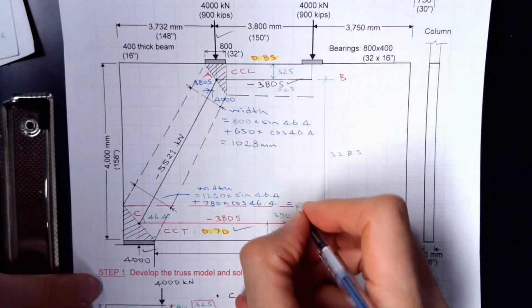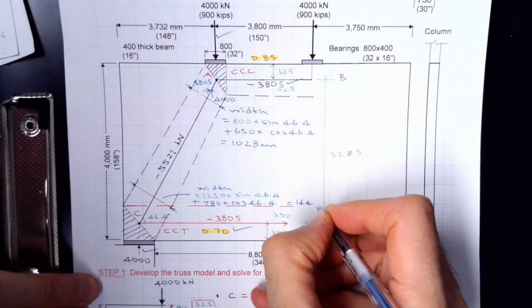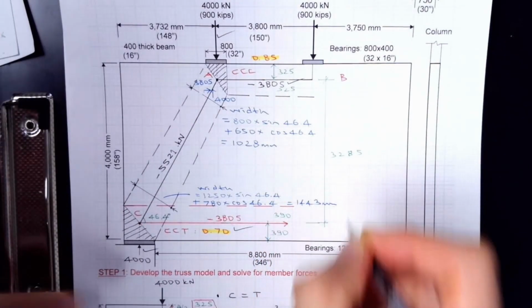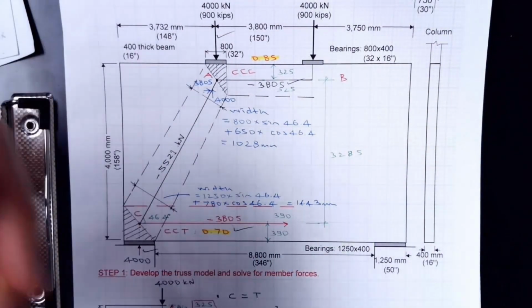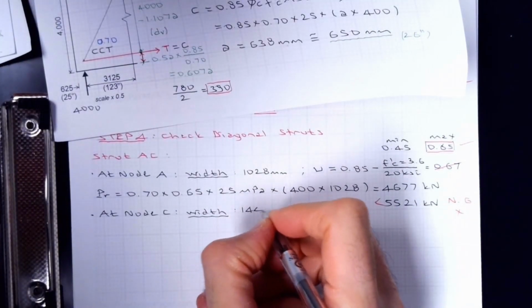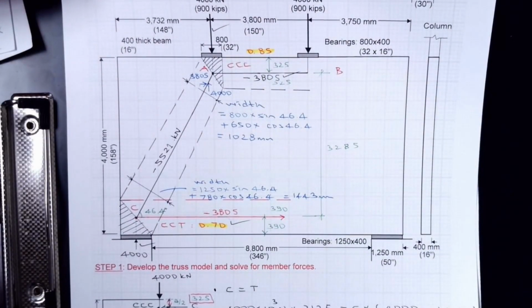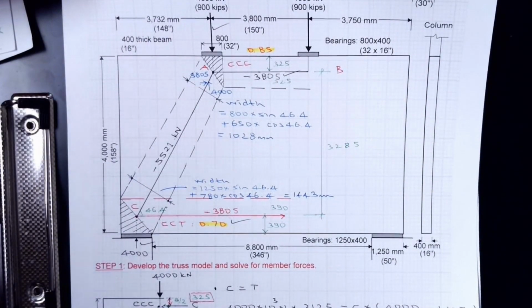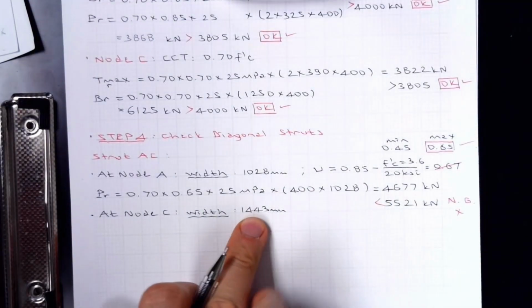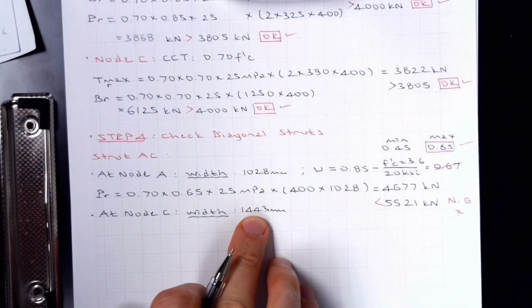And if you do this, I think it would be around 1443 millimeters. So again, if you want to see it, you can see it. So that is what I got.